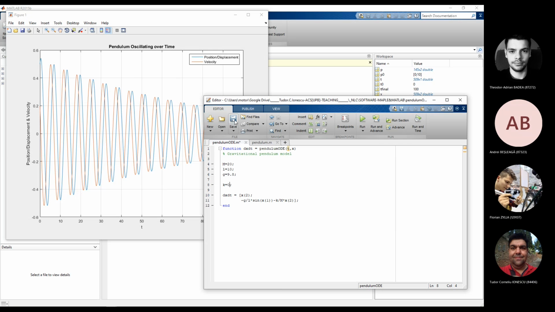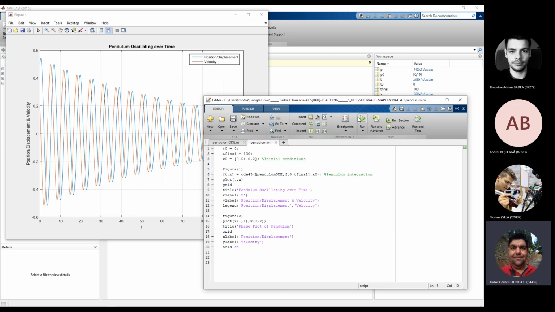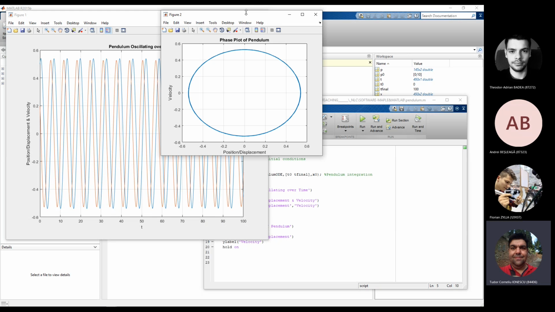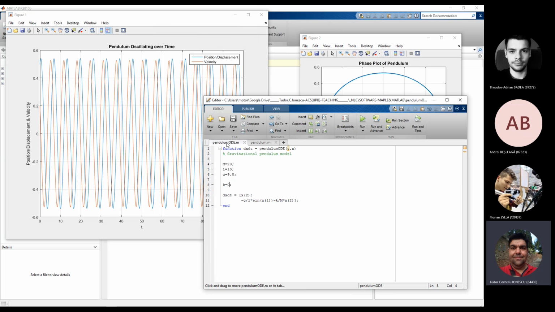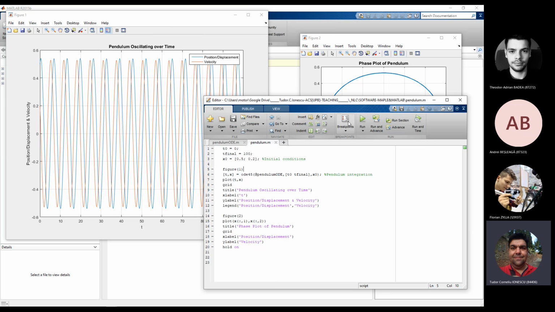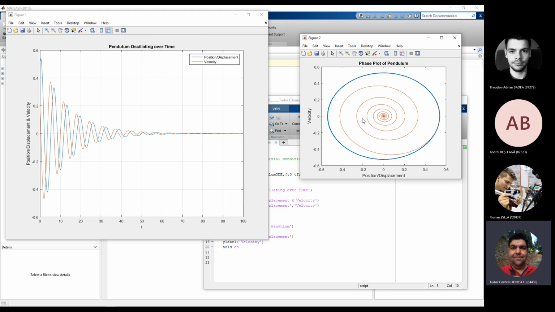Friction is 0, just like we asked ourselves. You see, it's a circle. You'd say it's perfect oscillation, but this can never be zero because you have uncertainties. Let's take it back to what it was, 2 or 3 or something. Okay, let's go back and simulate.